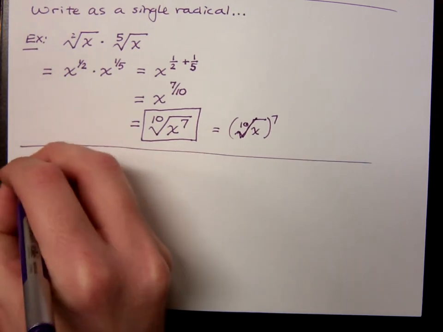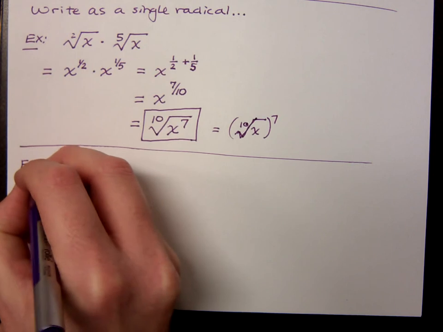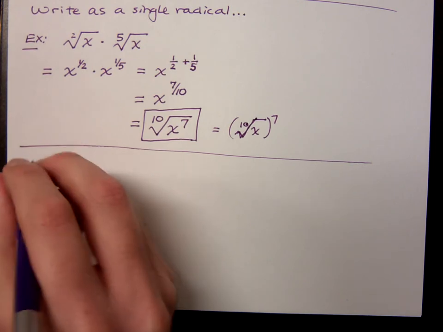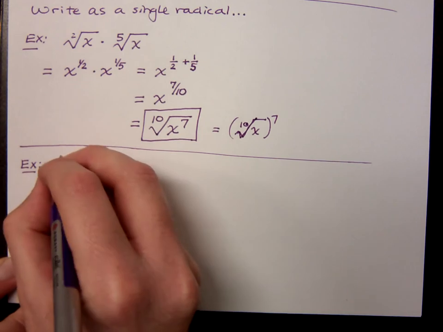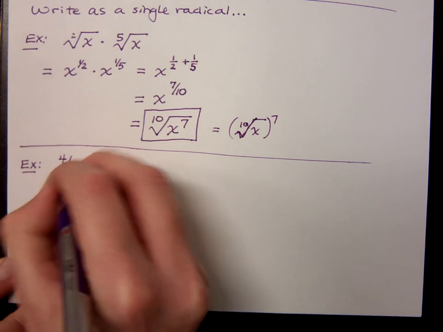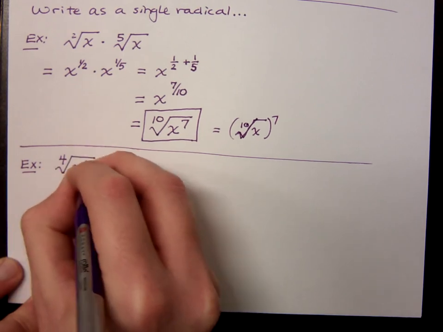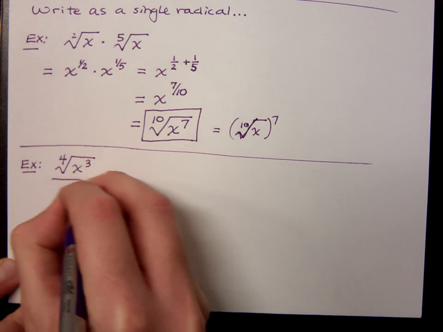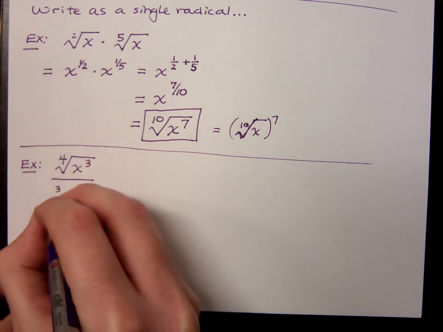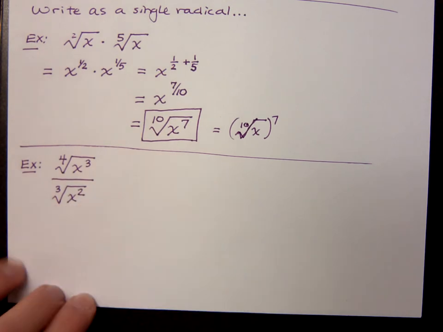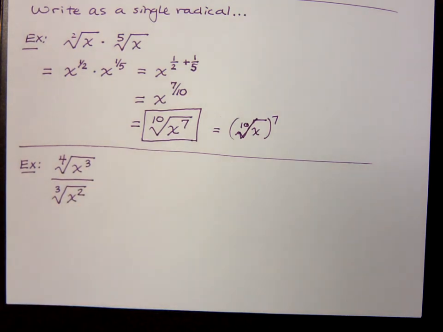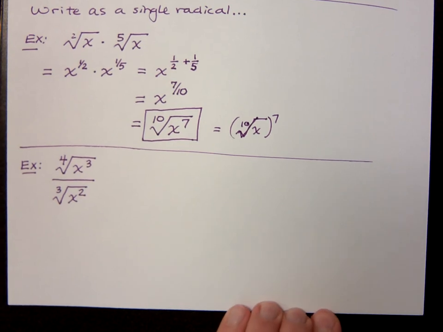Now let's do another one of these guys. That way I can put this on a test for you. Question? If I take the 4th root of x to the 3rd divided by the cube root of x squared, I'm going to work this guy very much like I did the last problem.